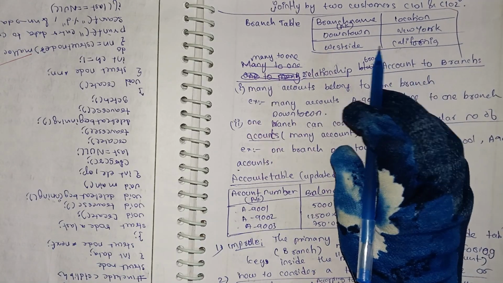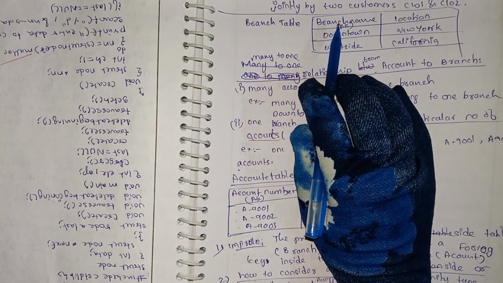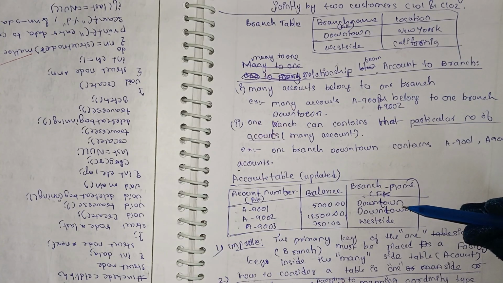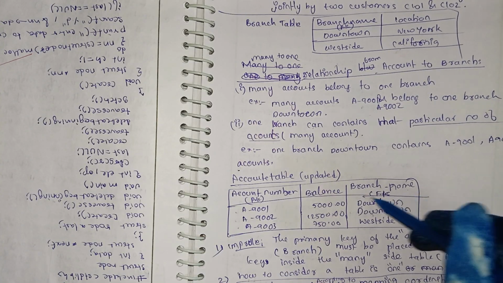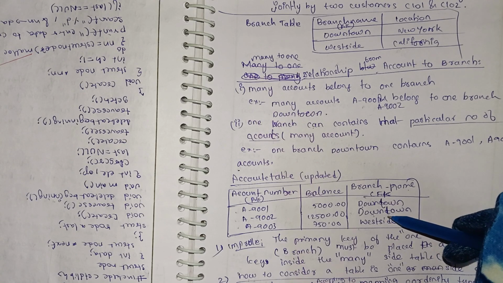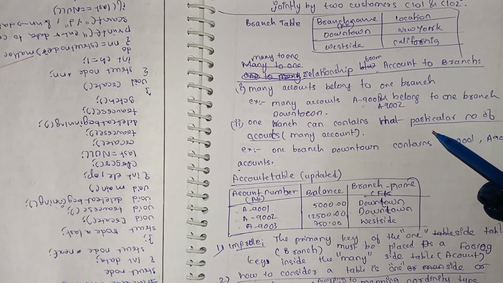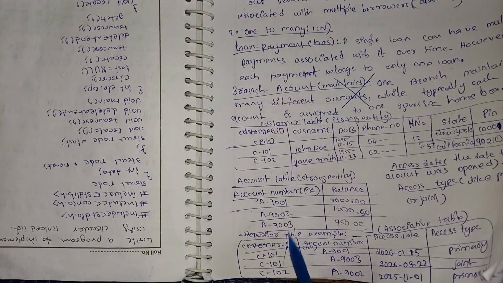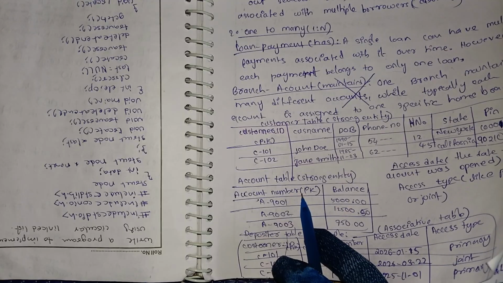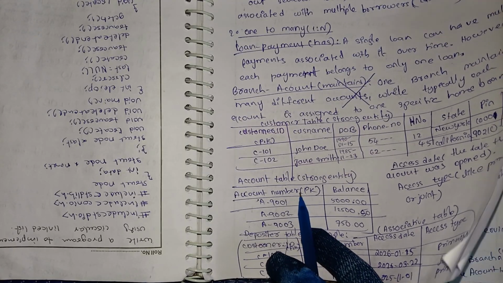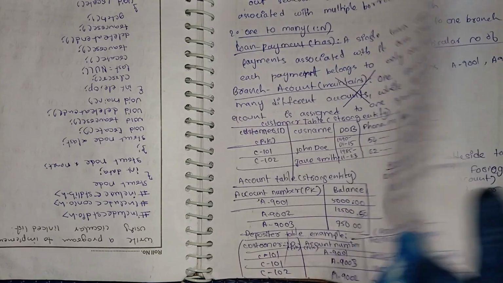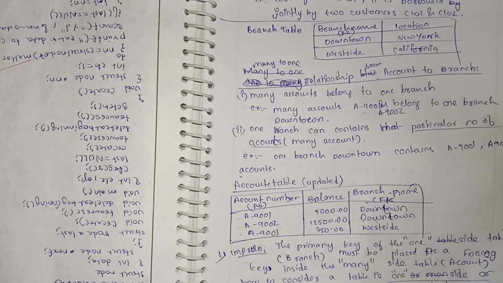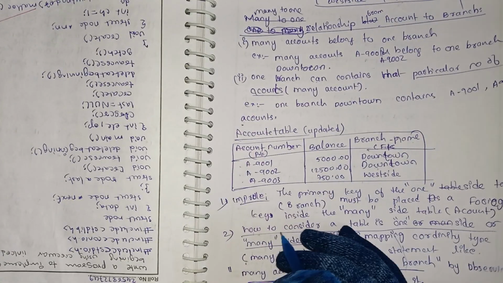Either we insert the primary key of the branch table in the account table as a foreign key, or we insert the primary key of the account table as a foreign key in the branch table. So how can we decide? By using this important rule.